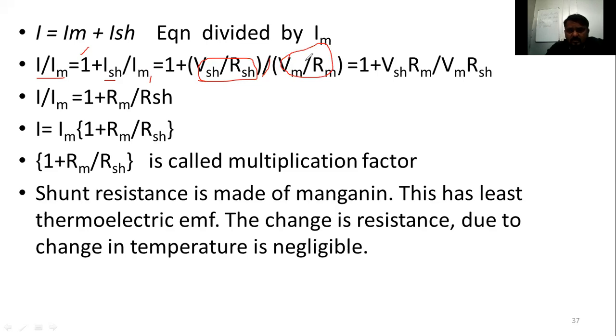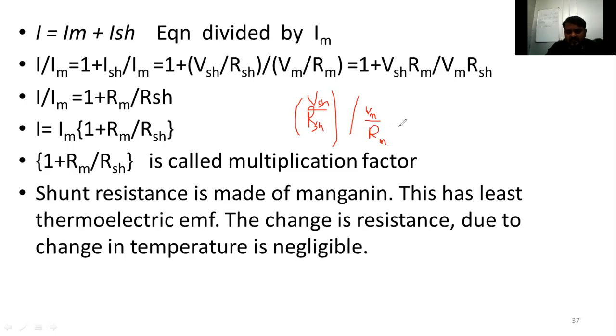This equation, how it is there, actually: VSH divided by RSH, whole divided by VM by RM. So we can write the equation like this.